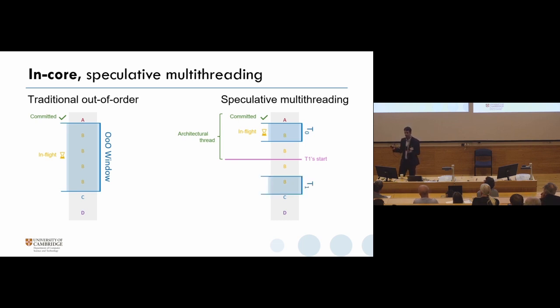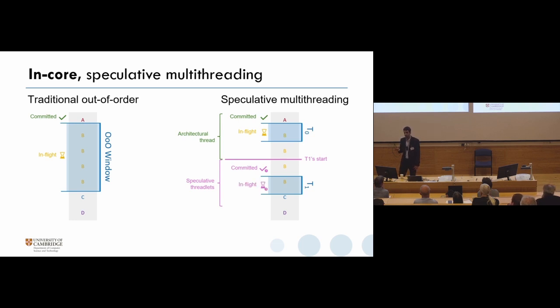So let's have a second slice of the instruction window that can go through these. And let's call this speculative threadlet. I say threadlet because it's not OS visible, so it's purely microarchitectural. So as before, we have committed instructions between the starting point of the threadlet and the top of the window.